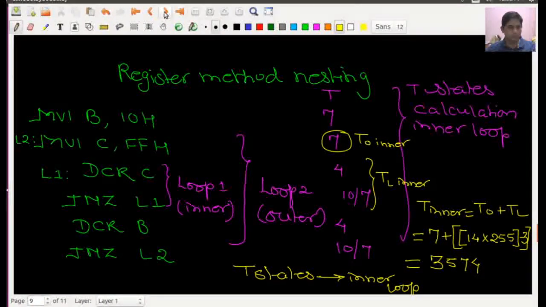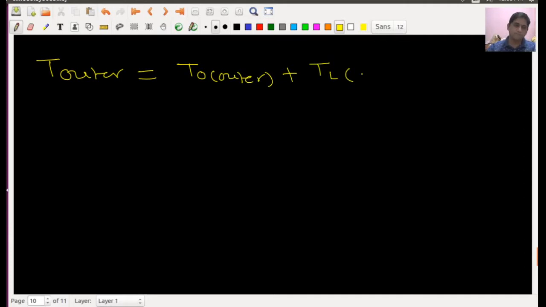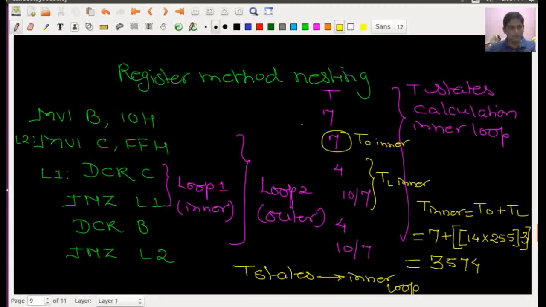So we will do the calculation for the outer loop also. The T states of the outer loop can be calculated by the T states outside the inner loop plus the T states within the loop of the outer loop.